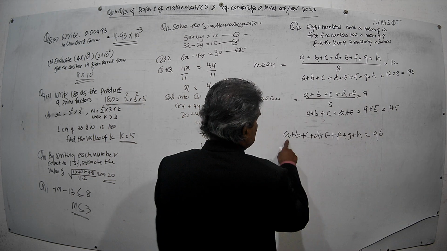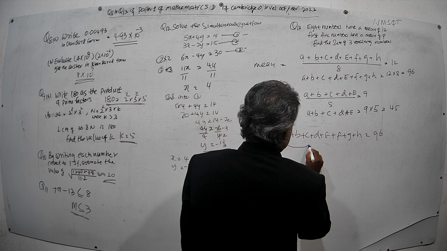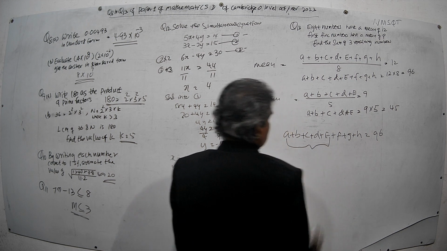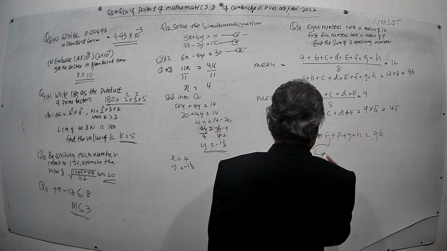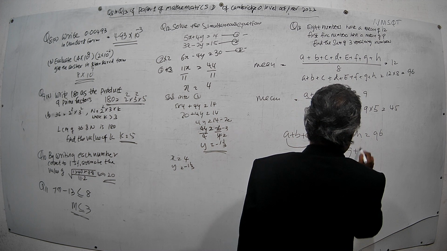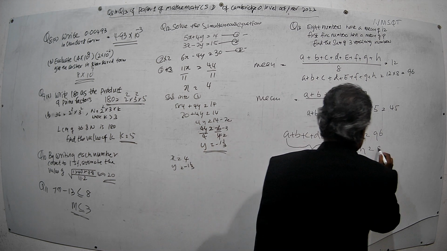The sum of the first 5 numbers is 45, plus the sum of the last 3 numbers, equals 96.